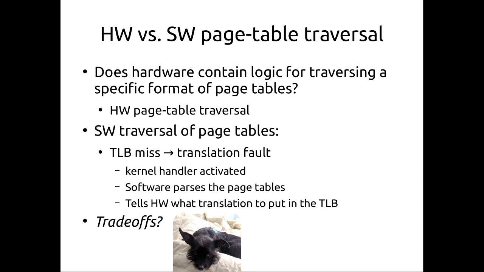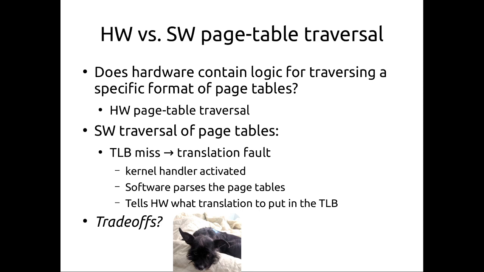If we have hardware managed page tables, if the hardware includes that logic, then it will do lookups in the TLB, in the page table, and add it to the TLB on its own. However, if we get a TLB miss in a software managed system, then we get a translation exception that executes in the kernel.